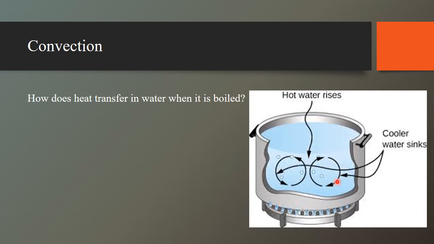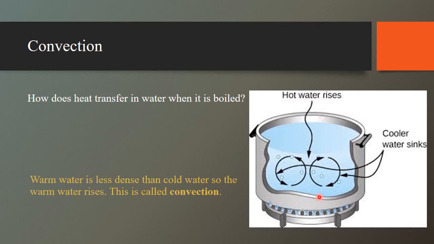It comes down towards the stove. Ultimately, this cool water is also warmed by the stove. This continuous process of movement of hot water above and the movement of cold water down is called convection.